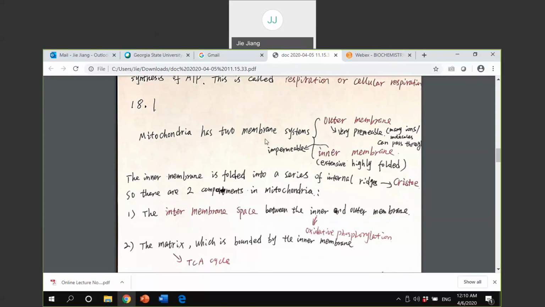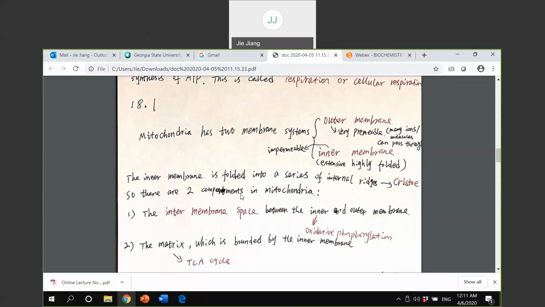The mitochondria actually has two membrane systems, the outer and the inner. The outer membrane is very permeable, and many small molecules can pass through. However, the inner membrane is very impermeable, so many molecules cannot pass through. And even more, the inner membrane is folded into a lot of internal ridges, folded layers, called cristae.